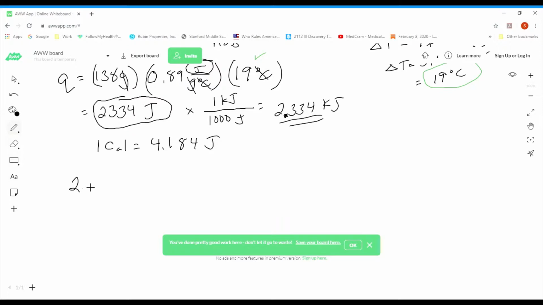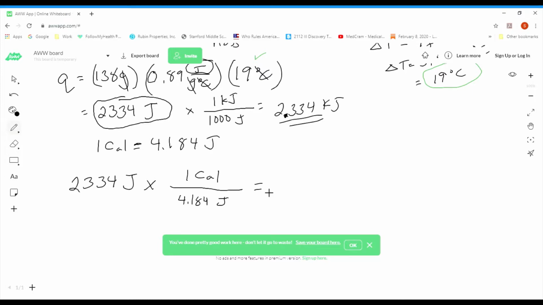So 2,334 joules, we can go ahead and convert. Again, we want joules to cancel. So the side of the equality with joules in it goes on the bottom, 4.184 joules. And the other side of the equality goes on top. That's 1 calorie. And I have to remember that's lowercase calorie, because in the lecture we said there was some issue with the uppercase calories.